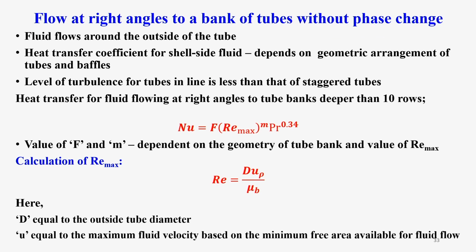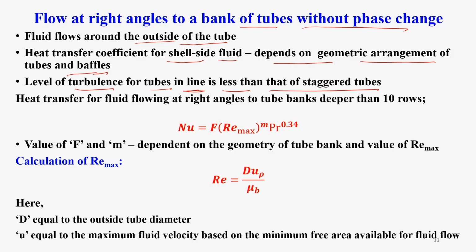Next is flow at right angle to a bank of tubes without phase change. The fluid flows around the outside of the tube, and the heat transfer coefficient for the shell side fluid depends on the geometrical arrangement of tubes and baffles, and particularly the level of turbulence for tubes in line is less than that of staggered tubes.